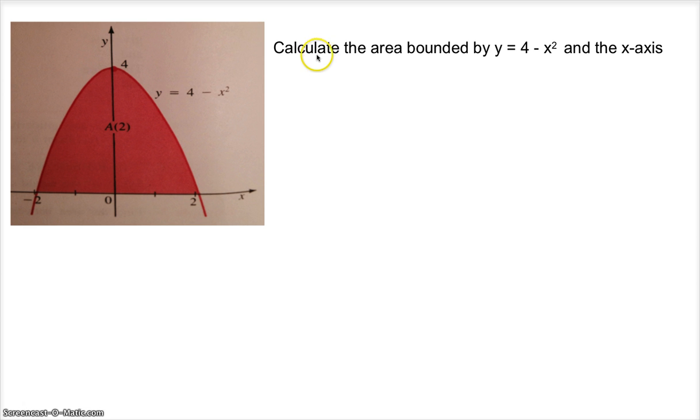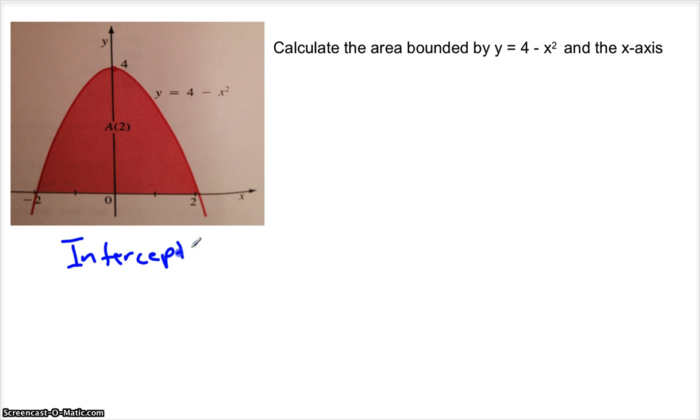Our next example, we want to calculate the area bounded by the upside down parabola 4 minus x squared and the x-axis. Now I have a diagram included in this example, but if you weren't given the diagram, you would have to sketch this parabola, and you'd have to determine the left and right bounds, which will be the x-intercepts.